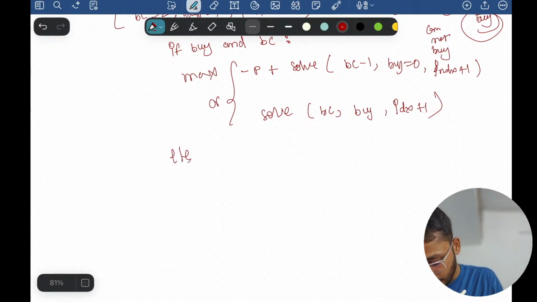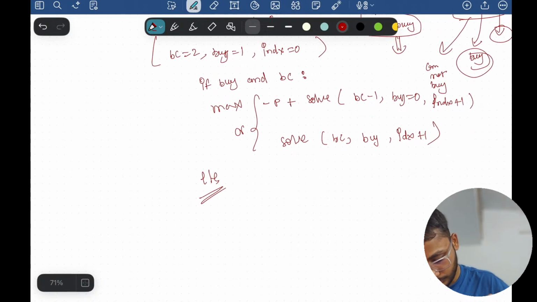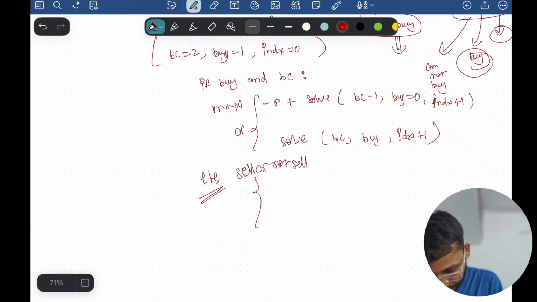Else, other cases, what are the options you have? Sell or not sell? Here also you'll notice two things.